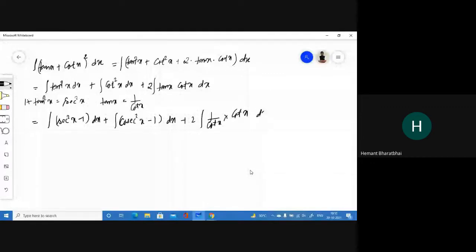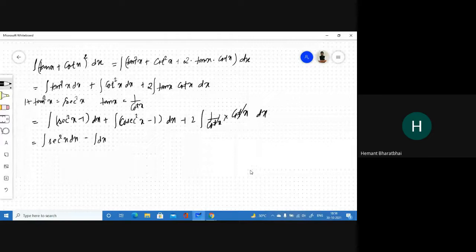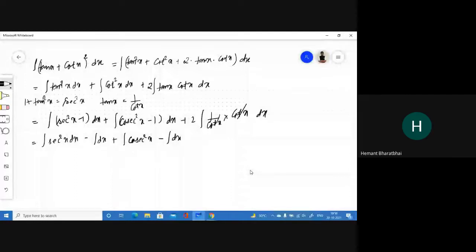Here I can again separate the integral sign: integration of sec square x dx minus integration of dx, plus integration of cosec square x dx minus integration of dx, plus twice integration of dx. The minus dx twice gives minus 2 dx, and this is plus 2 dx, so this will get cancelled.